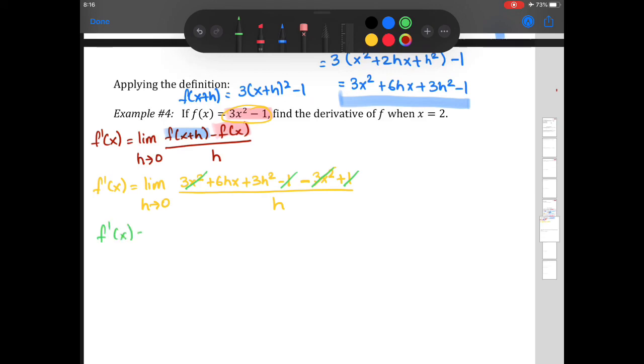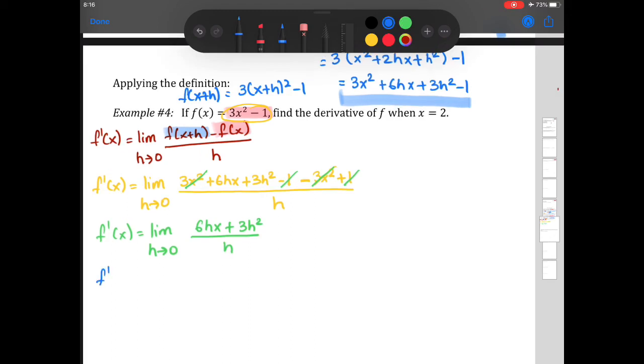And what am I left with? f prime of x is the limit as h approaches 0 of 6hx plus 3h squared over h. I'm going to factor out the h, so the limit as h approaches 0, factor out the h, and what am I left with? 6x plus 3h over h.